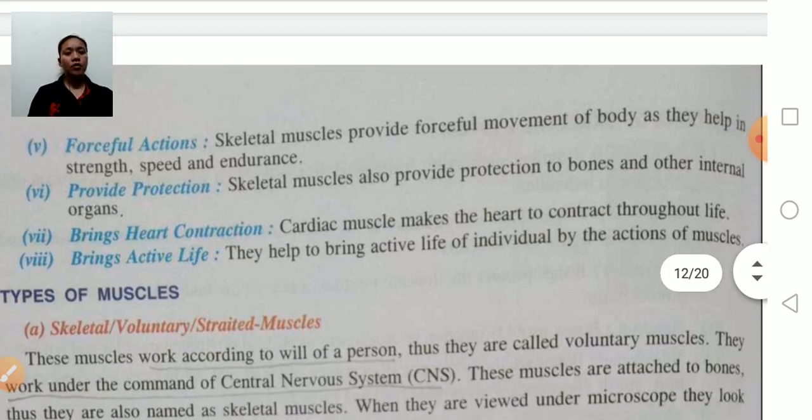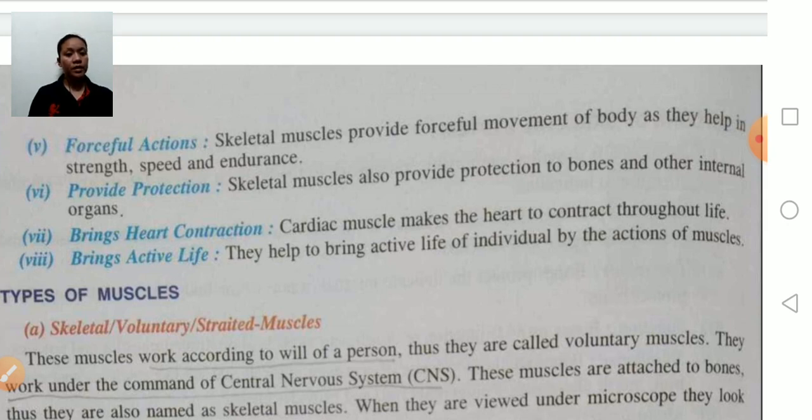Skeletal muscles also provide protection to the bones and other internal organs. As the muscle is the outer layer of the bones, it also provides protection to the bones and other internal organs.